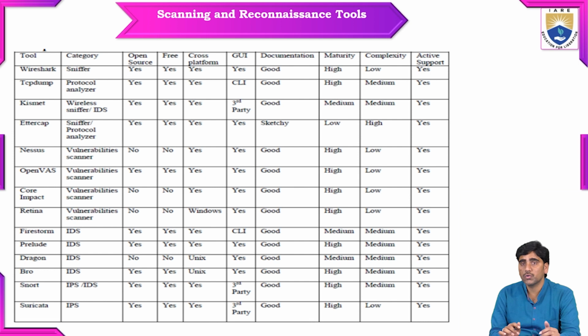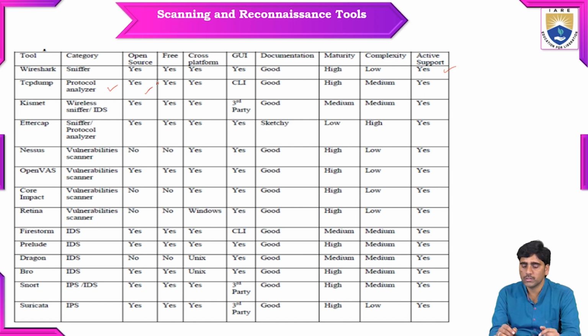And here some of the tools in regular use, in different categories. See here, Wireshark is a network sniffer tool, open source, in GUI mode, and it is actively supported. The second one is the tcpdump tool, a protocol analyzer.